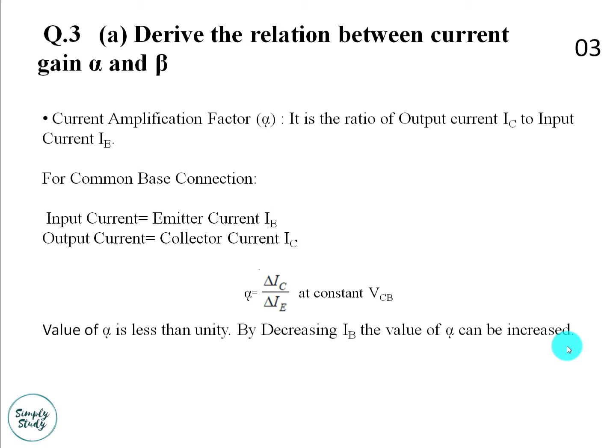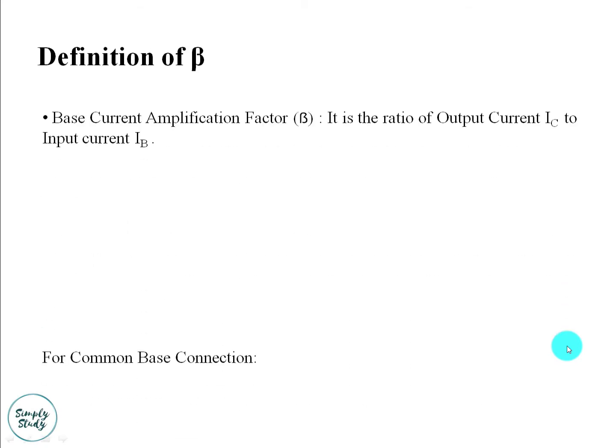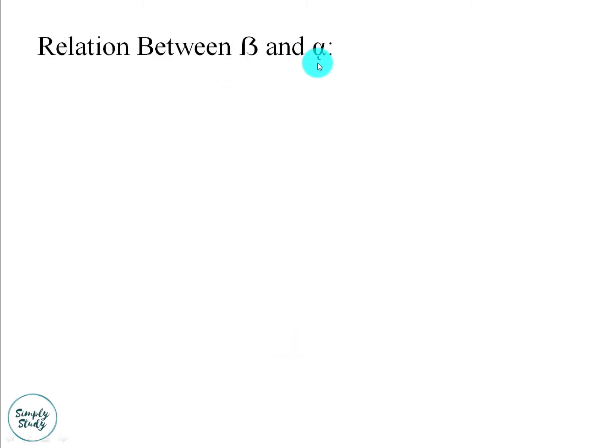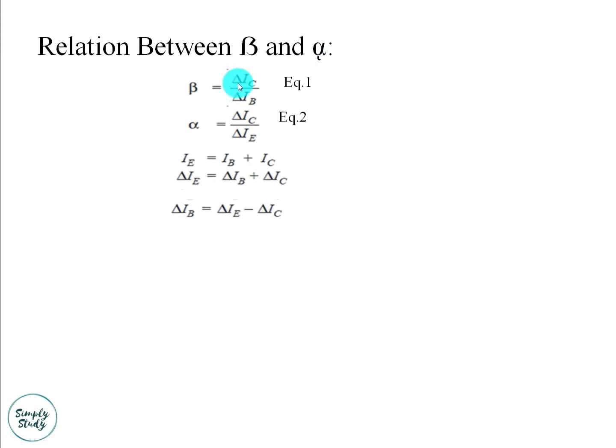Base current amplification factor beta is the ratio of change in collector current to the change in base current. Generally, the value of beta is greater than 20. A simple relation exists between beta and alpha, which can be derived as follows. Beta equals change in collector current to the change in base current.